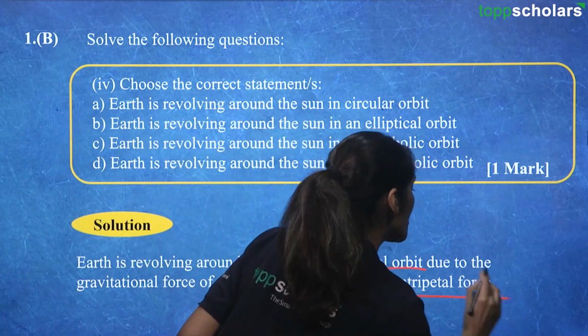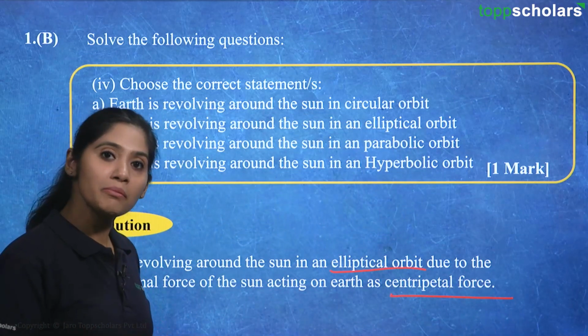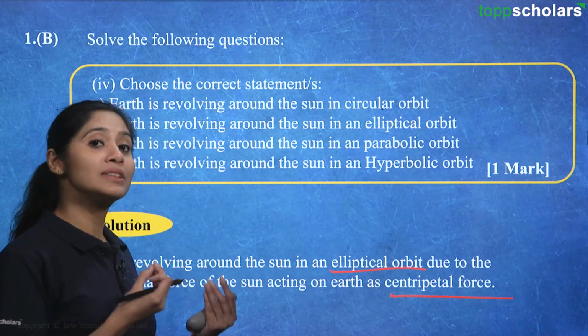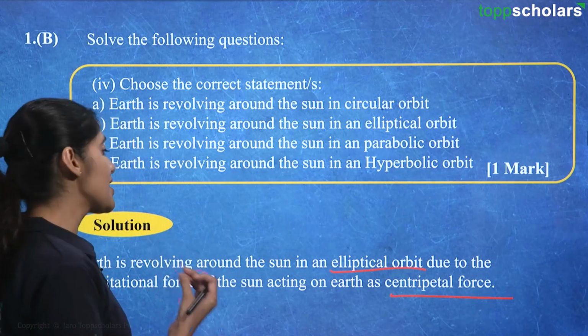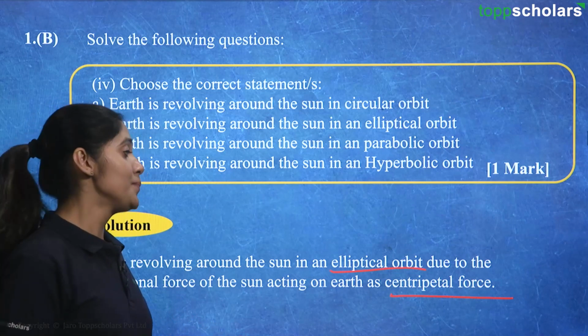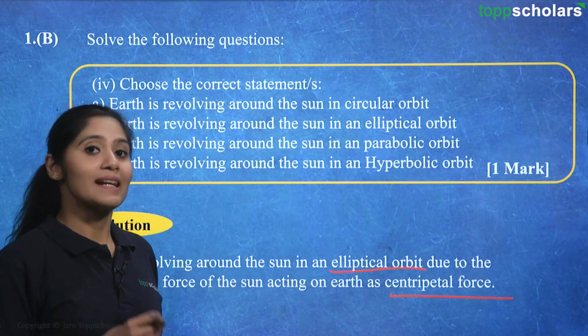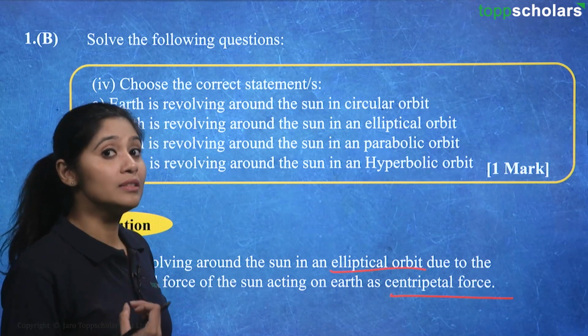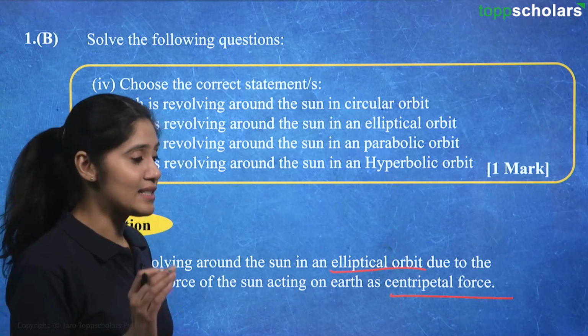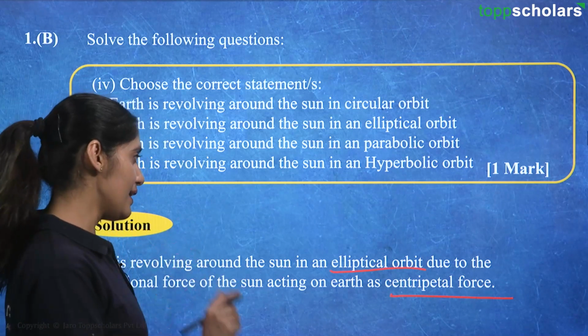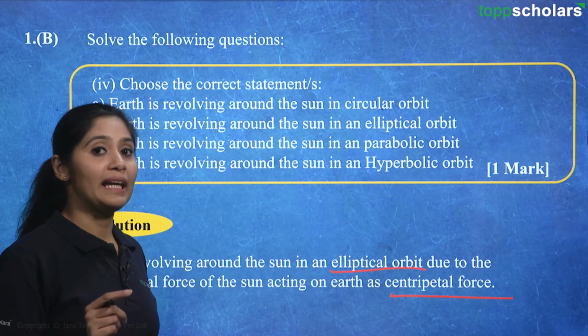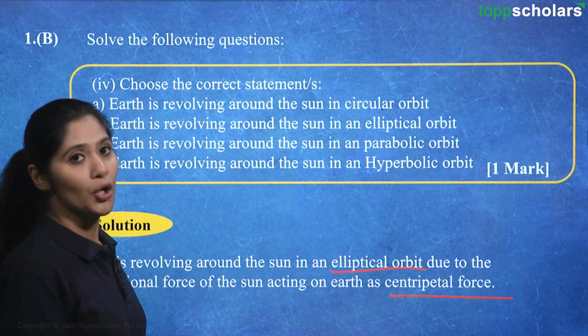This is the most important thing to remember. That is the reason why Earth is revolving around the sun and is not moving from its position, and it is also moving in an elliptical orbit.